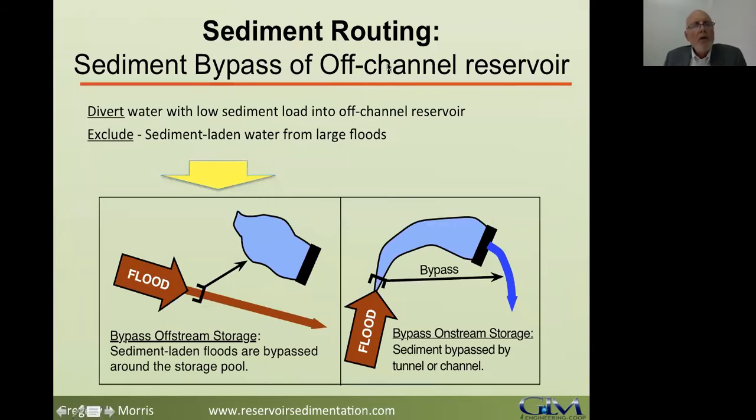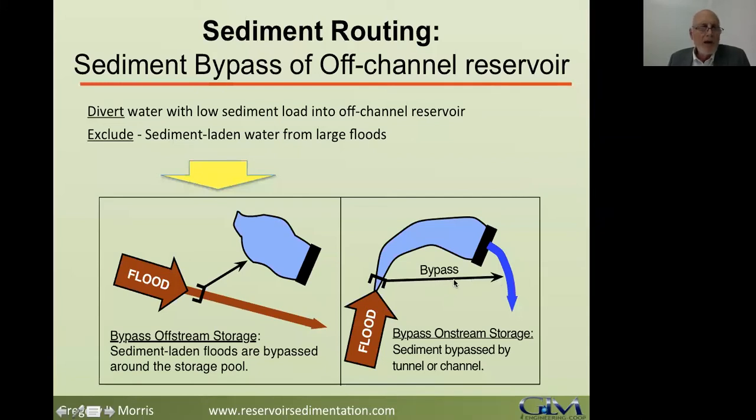So the bypass operations are basically two types. You can use an intake to divert water into an off-stream reservoir. The flood that contains all the sediment load will go past the intake on downstream and does not enter the reservoir. The option of the bypass tunnel is to create a tunnel or a channel to bypass floods.